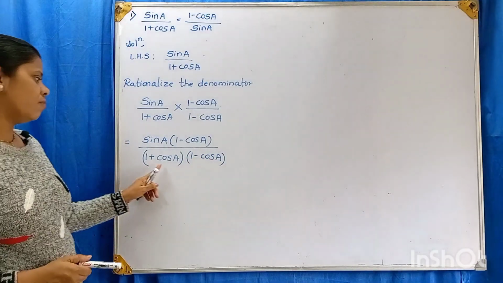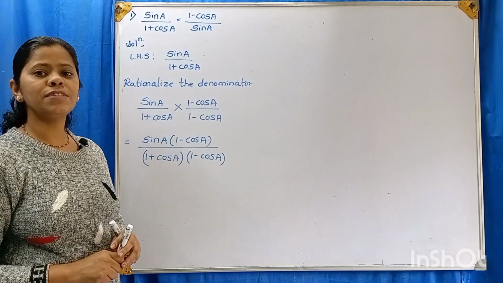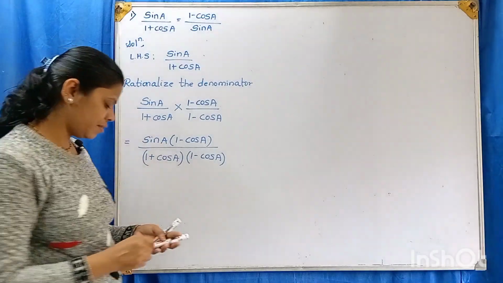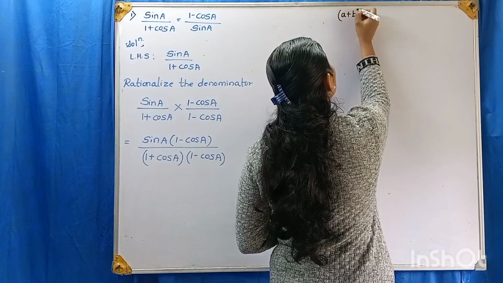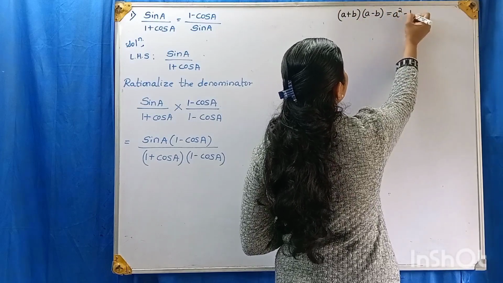Now observe this one. 1 plus cos A into 1 minus cos A. It is in the form of A plus B into A minus B. So we can apply the formula. That is A plus B into A minus B is equal to A square minus B square.